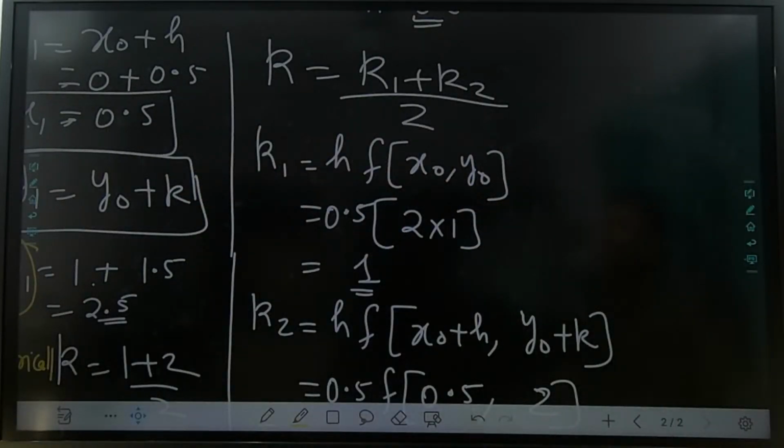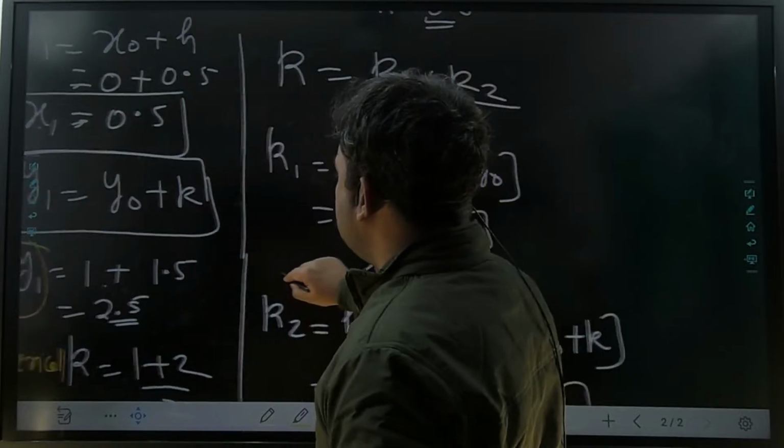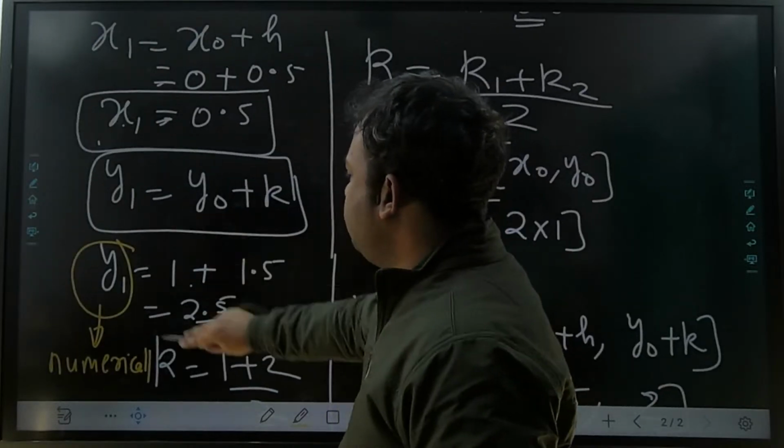Now in the next iteration, what will it be? You find the new value of K. So for the new value of K, you will find new values of K1 and K2. The initial K1 and K2 were used to calculate Y1. You have to move more forward.